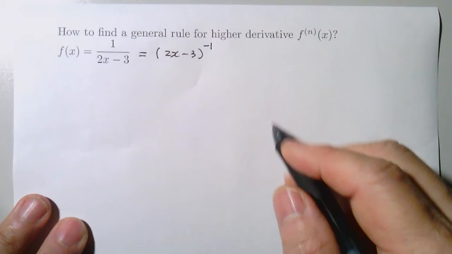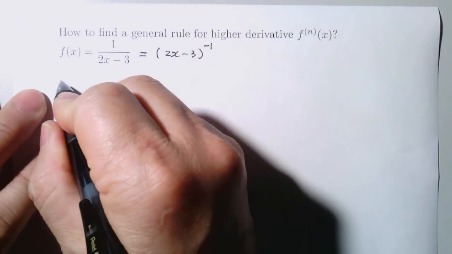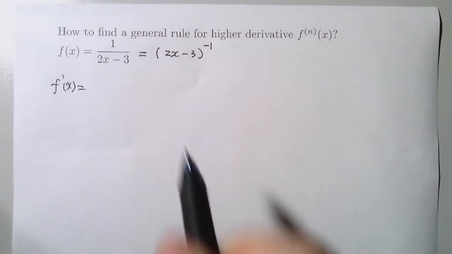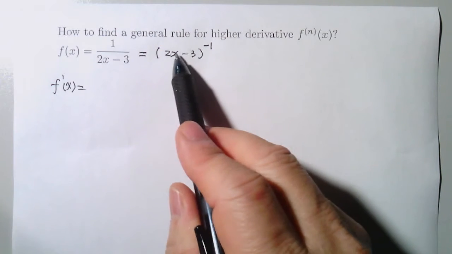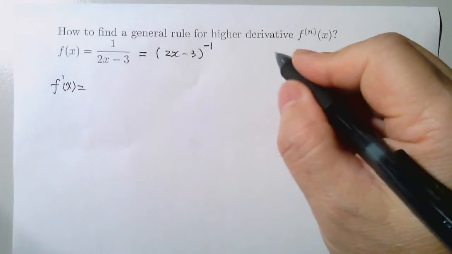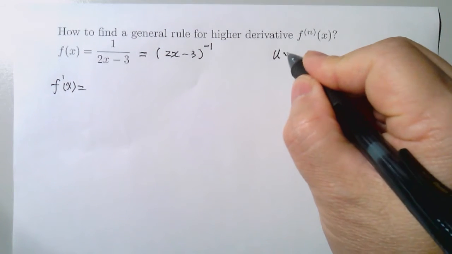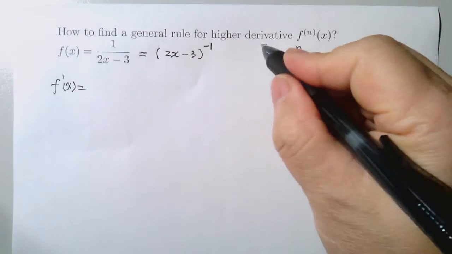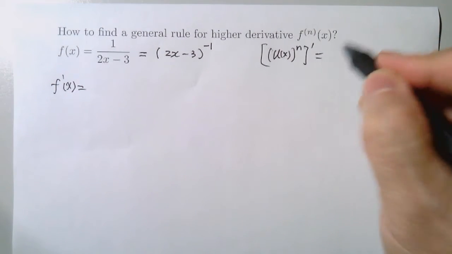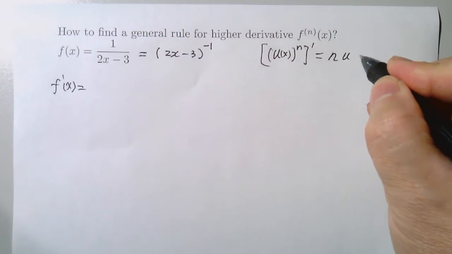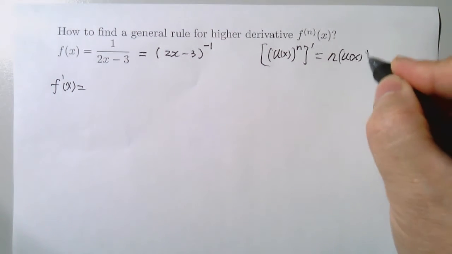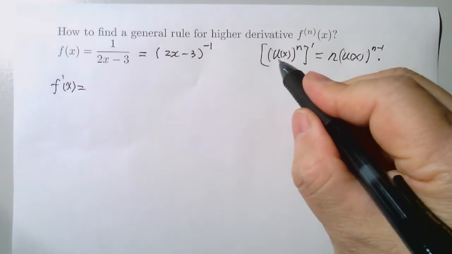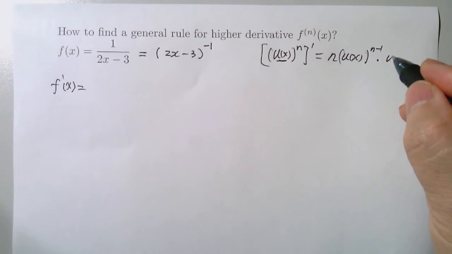So now let's take a look at the first derivative. The generalized power rule basically says if you have u of x raised to n, its derivative equals n times u of x raised to n minus 1, then multiply the derivative of the inside.